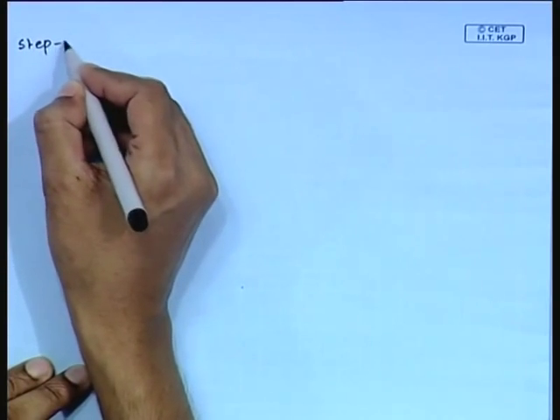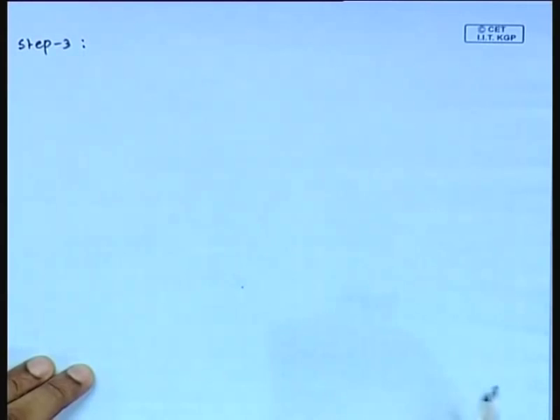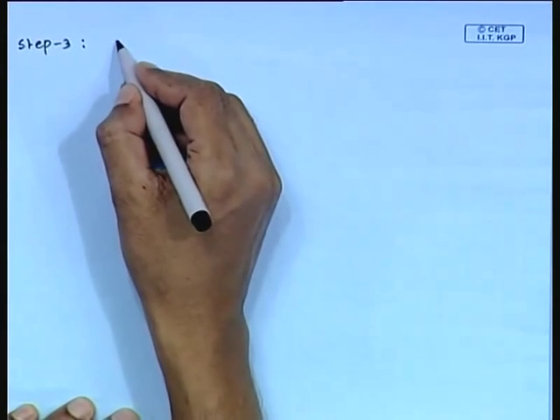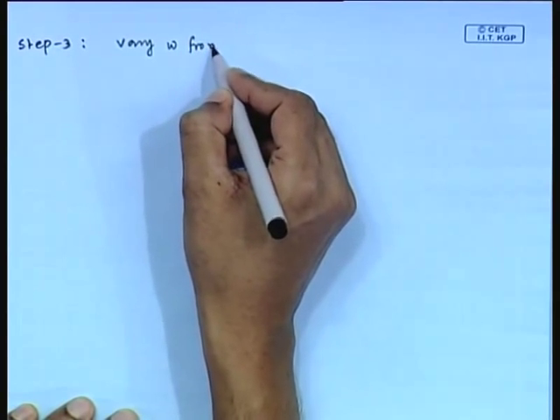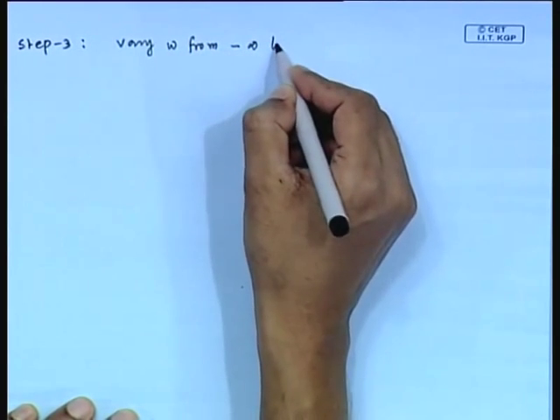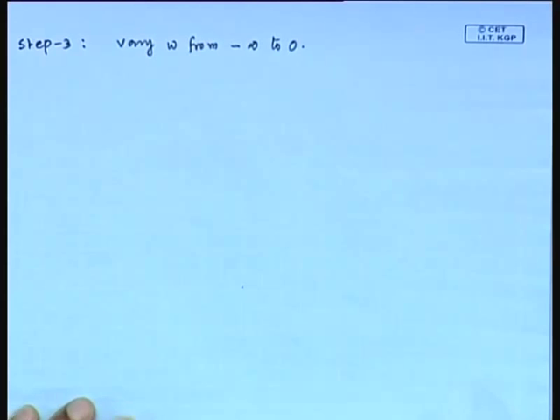In the third step, we will vary omega from minus infinity to 0.